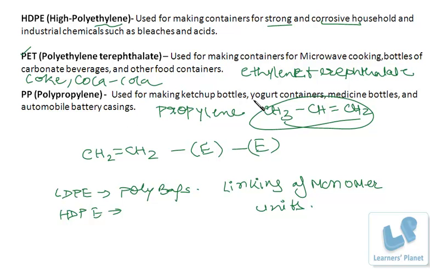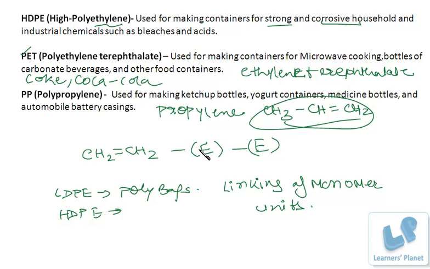It is used for making ketchup bottles, yogurt containers, medicine bottles, and automobile battery casings. These are all thermoplastics. When heated, they are in the liquid form. When it is frozen, they become solid. Right? They can be reheated and remolded.